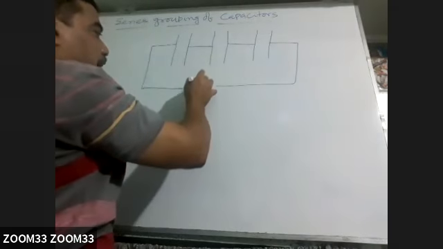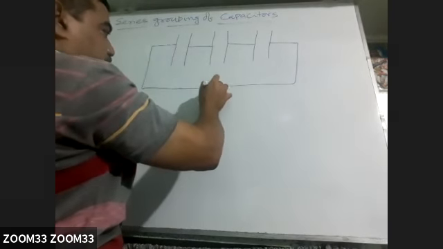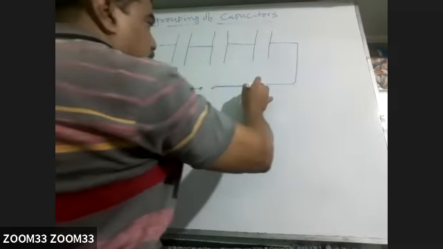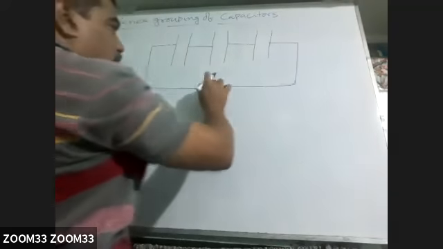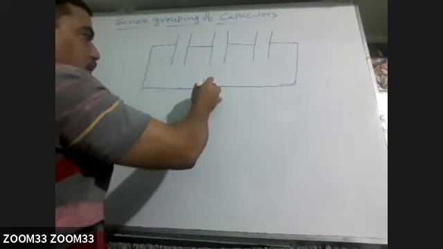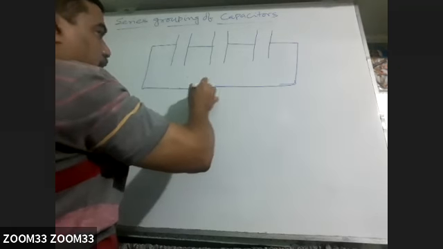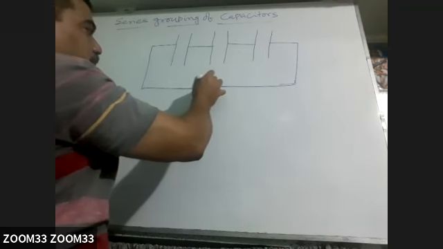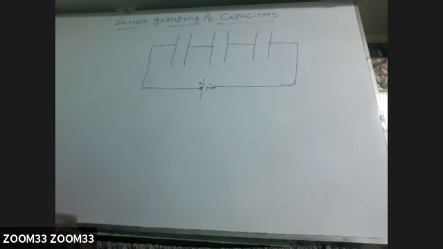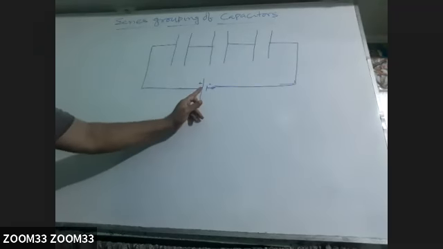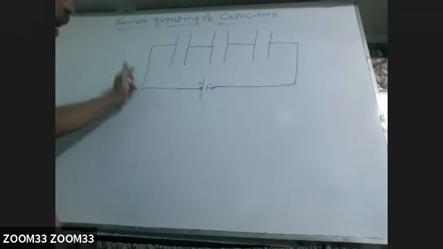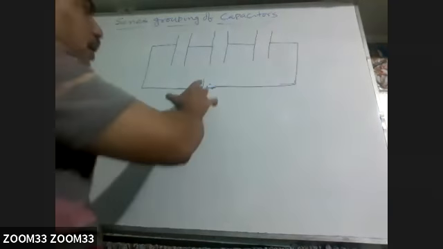Suppose one battery we are considering. We can consider a cell only, no problem. So it is connected like this. This is positive, this is negative.